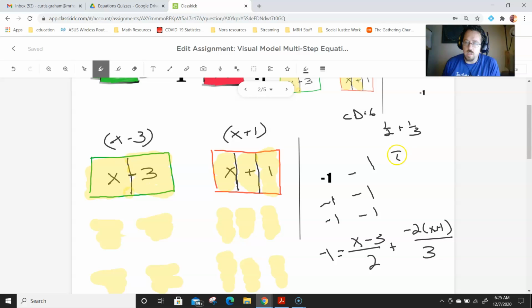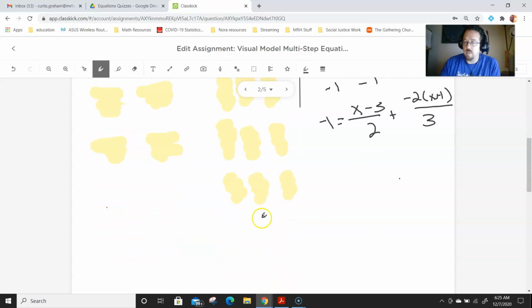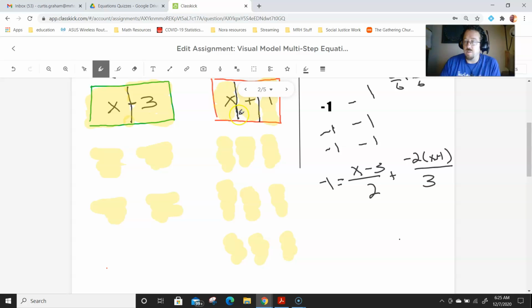So you would turn this into a 6 and this into a 6, which means you multiply the top and bottom by 3, the top and bottom by 2. But now, since they have the same denominator, you can add them. And we're doing a similar thing here. Since you have 2 and 3, you can see I ended up making 6 groups here, 6 groups of 2 here. 1, 2, 3, 4, 5, 6.